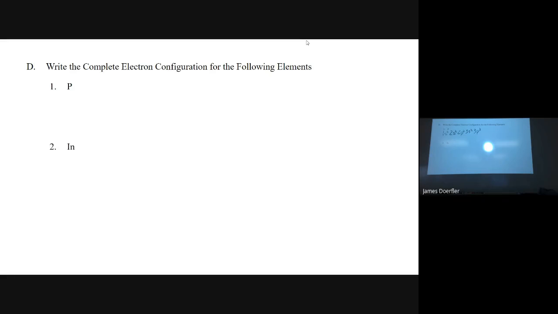Because what has yet to be mentioned in the notes is what happens when we cross into the D block or the F block. The D and F are weird areas, okay, in terms of their quantum numbers.